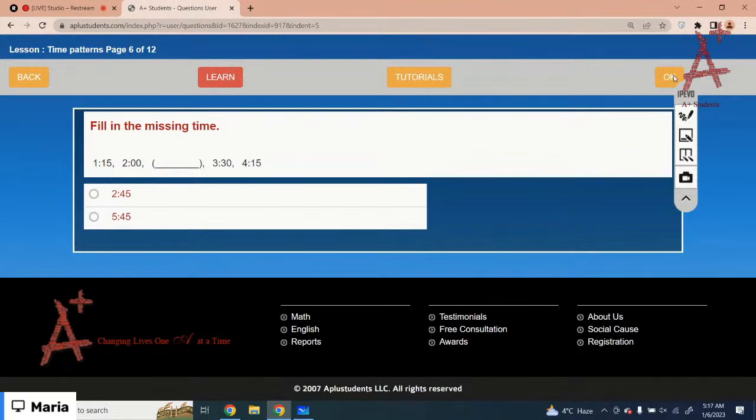So that means the missing one is, add 45 minutes to 2. So it would be 2:45. Got it? So the missing one is 2:45. Just select the correct option and click on the OK button.